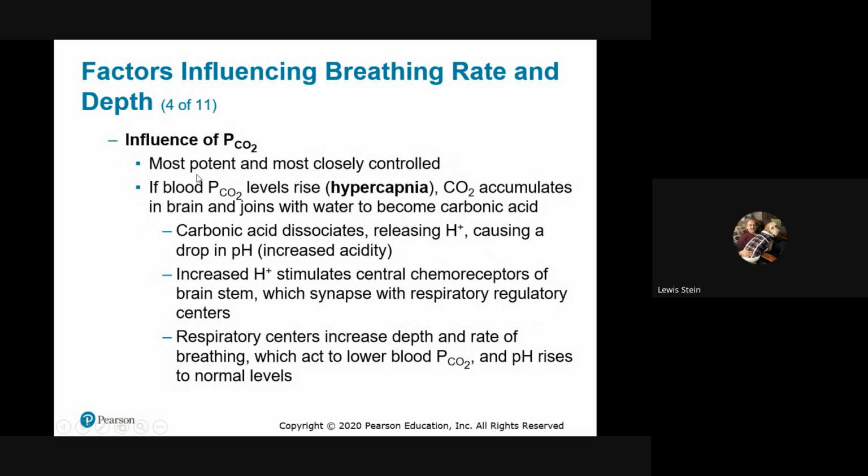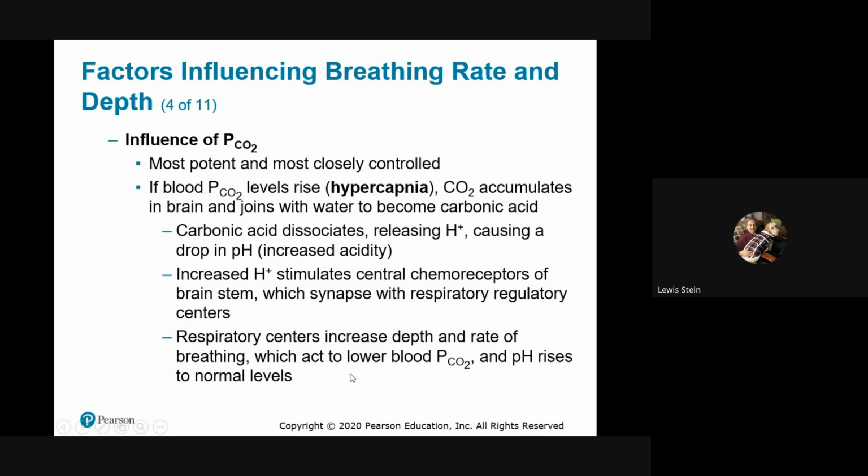So, most potent and most closely controlled: if blood PCO2 levels rise, excessive hypercapnia, CO2 accumulates, the brain joins water with it to become carbonic acid, which drops the pH. Increased hydrogen ion stimulates the central chemoreceptors of the brainstem, and basically the respiratory centers have to blow that stuff off.